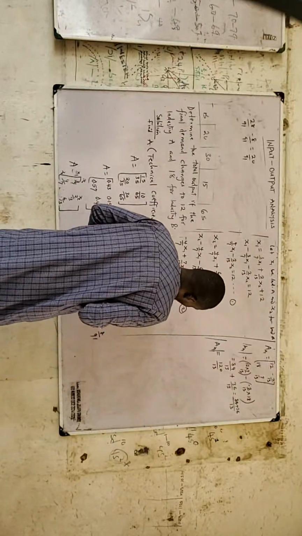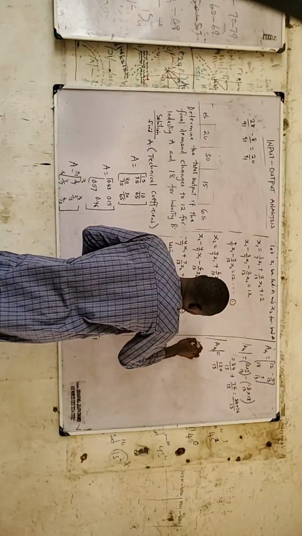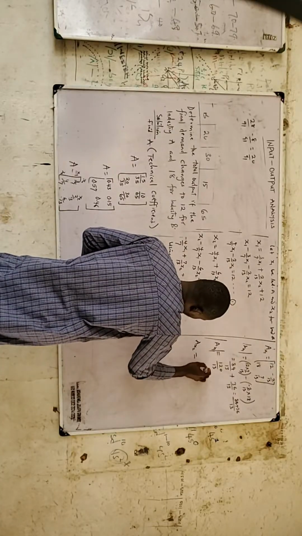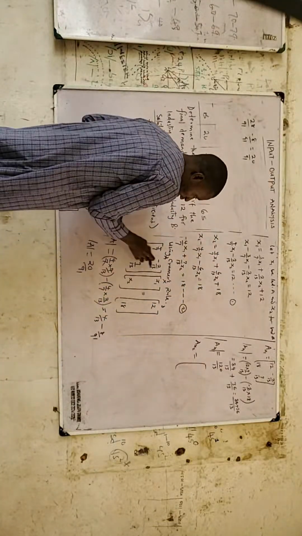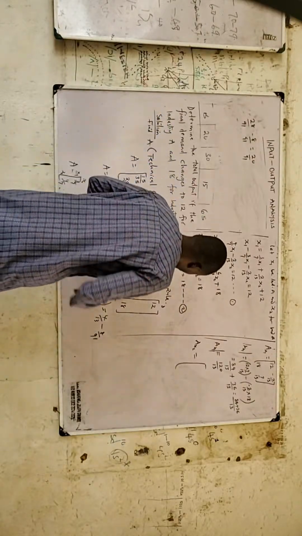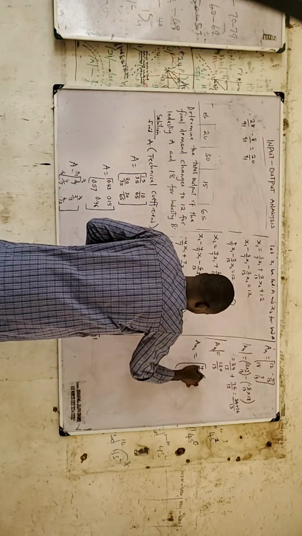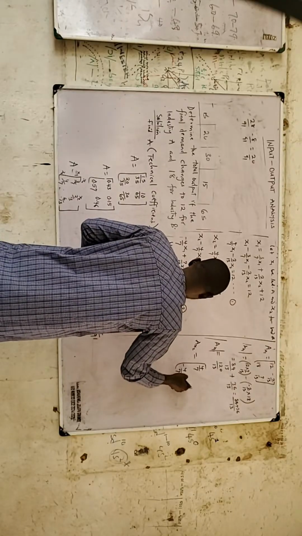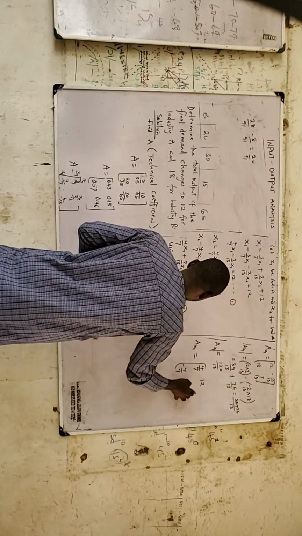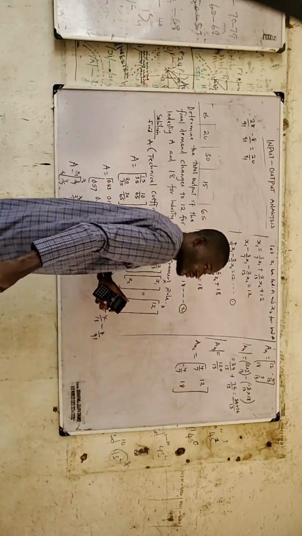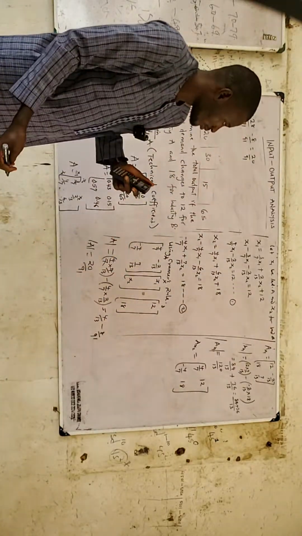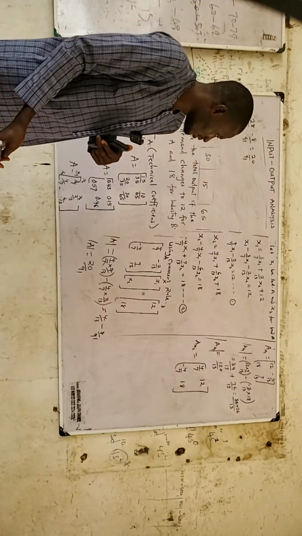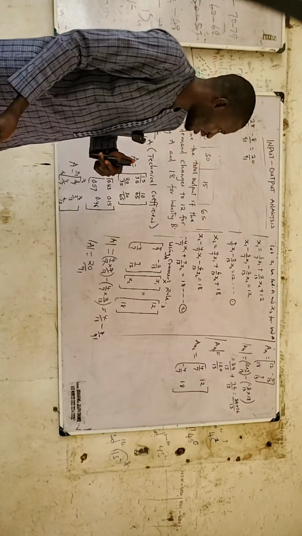So now we form another matrix for AX2. Here we interchange this column. We have 4 over 7, minus 4 over 7, then 12, 18. Then we find the determinant.